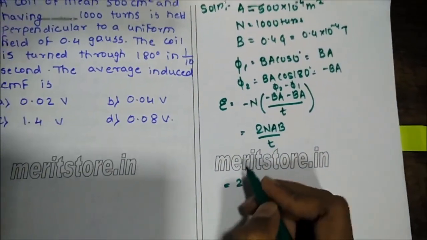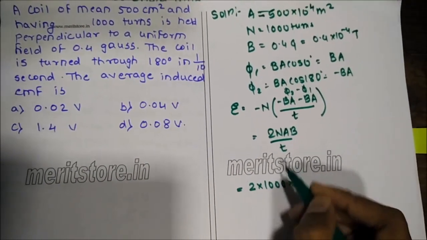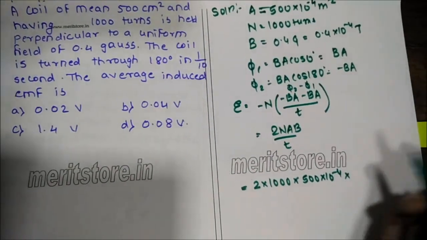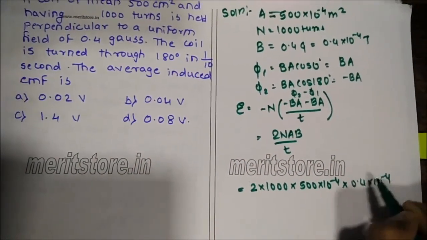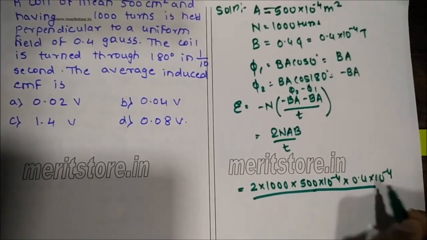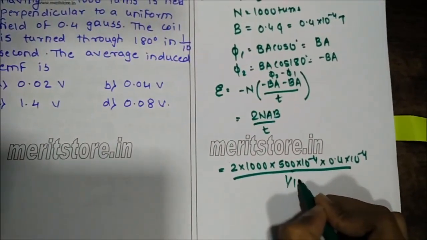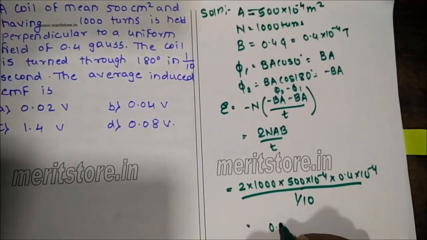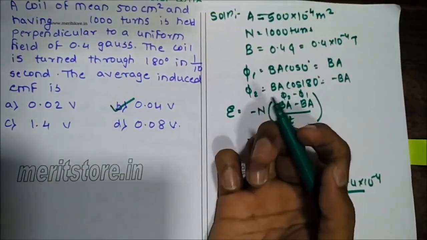So we substitute the values, 2 multiplied by N, that is 1000, multiplied by the area, that is 500 into 10 raised to minus 4, into B, that is 0.4 into 10 raised to minus 4, upon the time t. The time t is 1 upon 10th of a second. So solving this entire thing, the answer comes out to be 0.04 volts. So your correct option is B, 0.04.